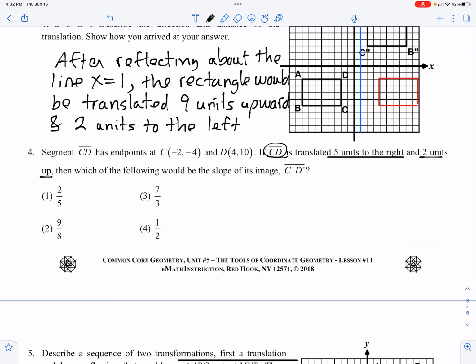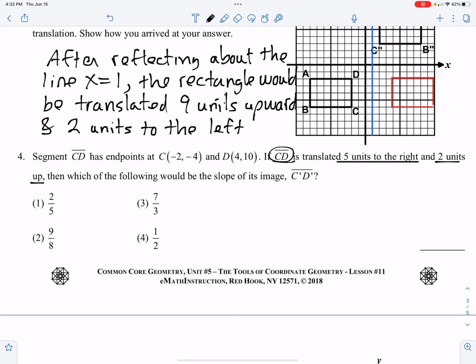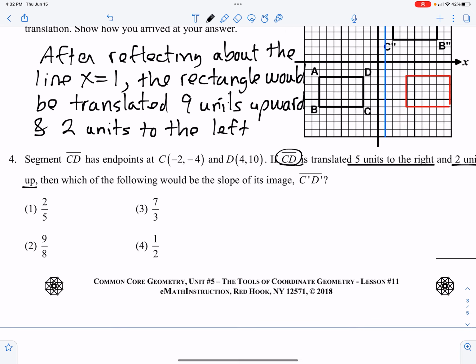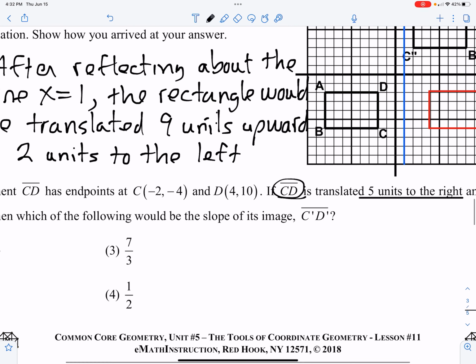Okay, so before we get to the slope of that, first of all, we have the line CD, and it's going to be moved to the right and up. So what I'm going to do is add 5 to either of those points.